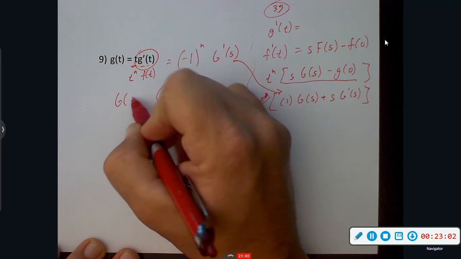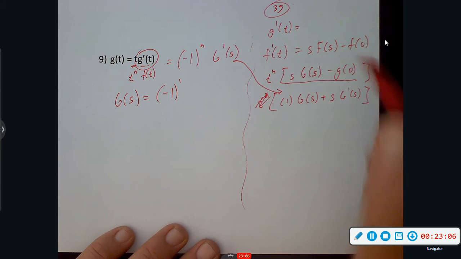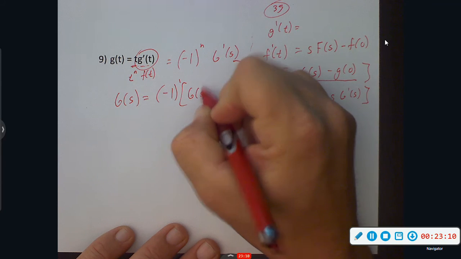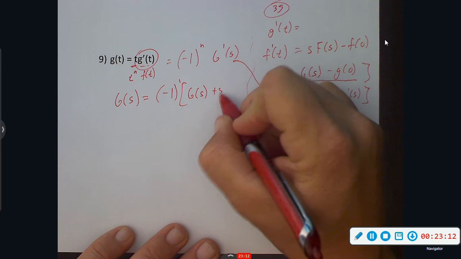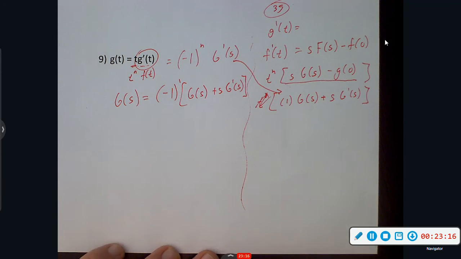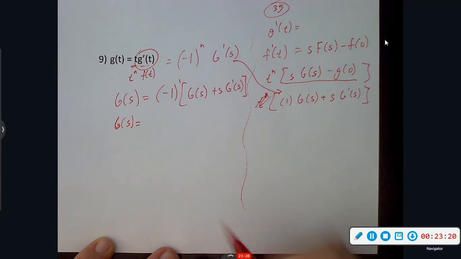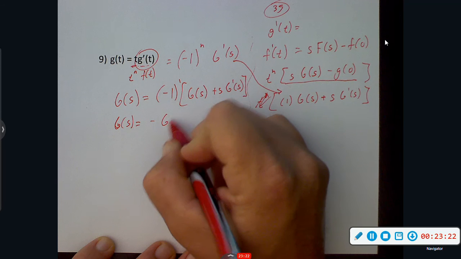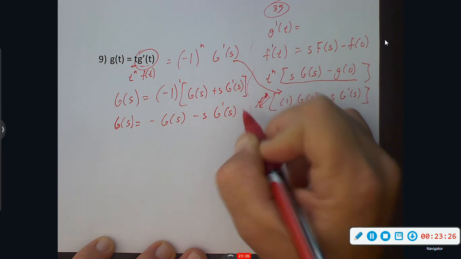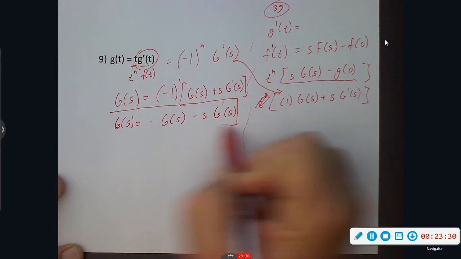So G of s, the Laplace transform, is going to be -1 times G of s plus s G prime of s. Sorry for my chicken scratch, that's a g. Distributing the negative. I don't think I did a very good job explaining that, but that is the correct answer here at the end, Laplace transform.